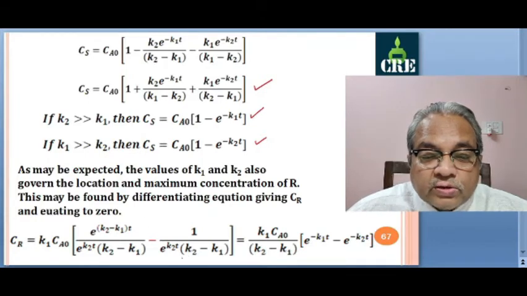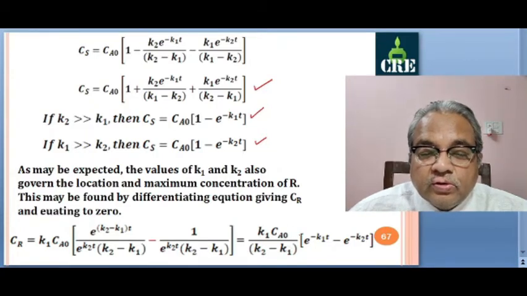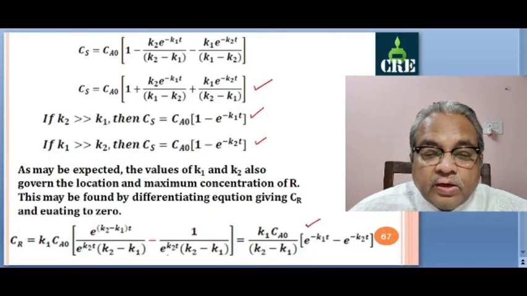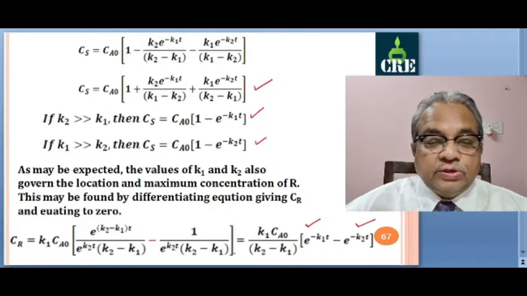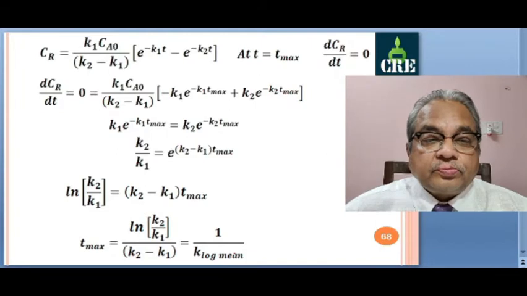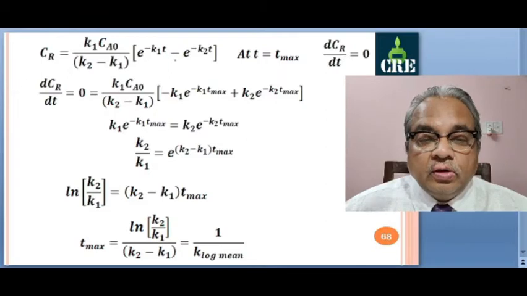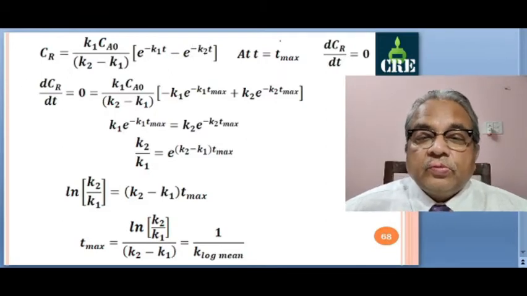Now here K2 minus K1, K1, K2 are constant, so I am taking it outside this bracket. So K1 CA0 by K2 minus K1 is taken out, and here again K2 cancels out, e raised to minus K1t and e raised to K2t in the denominator can be transferred to numerator as e raised to minus K2t. So CR is equal to K1 CA0 by K2 minus K1 into bracket e raised to minus K1t minus e raised to minus K2t.